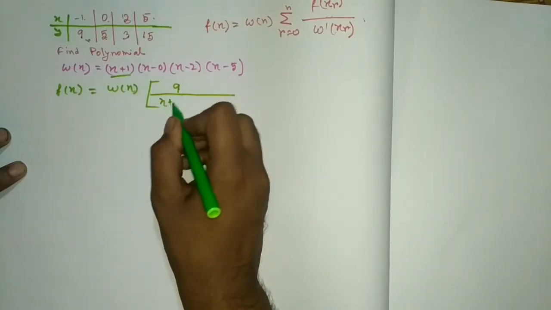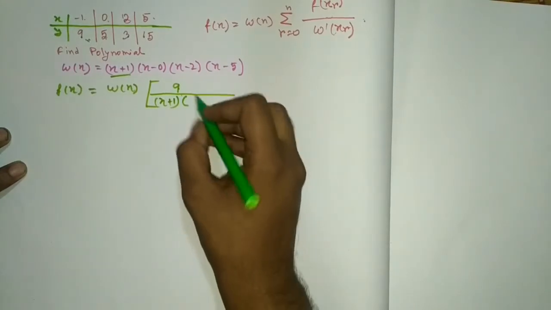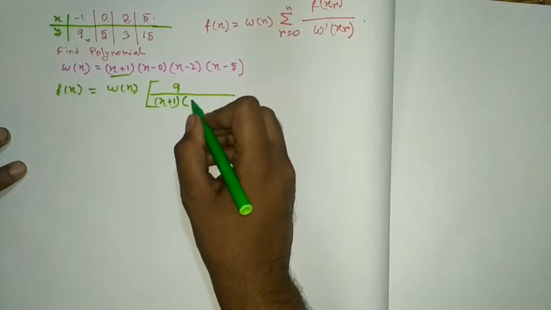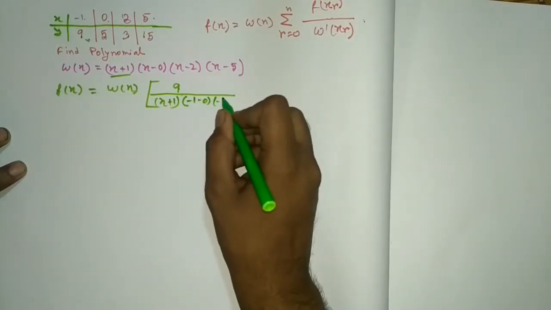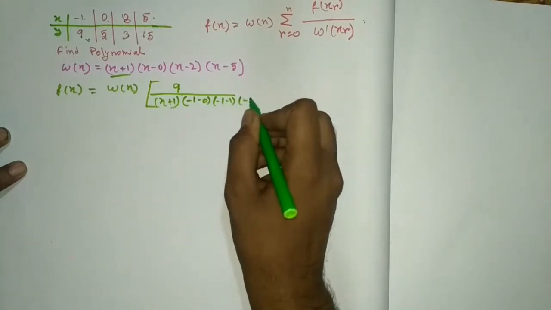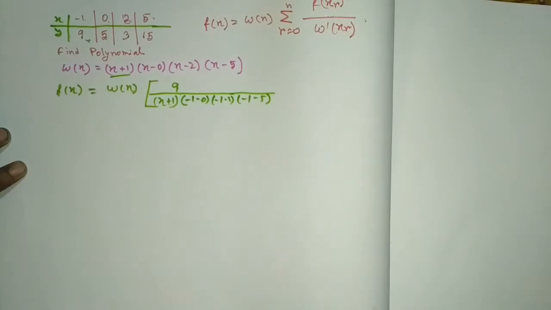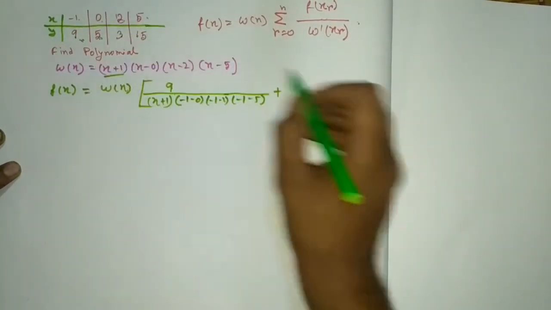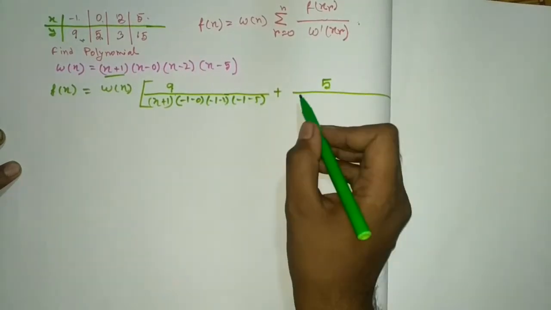And for the remaining part write down the first value of x, minus 1, minus 0, and minus 1, minus 2, and minus 1, minus 5. The remaining terms will be the first x value minus the other given x values.